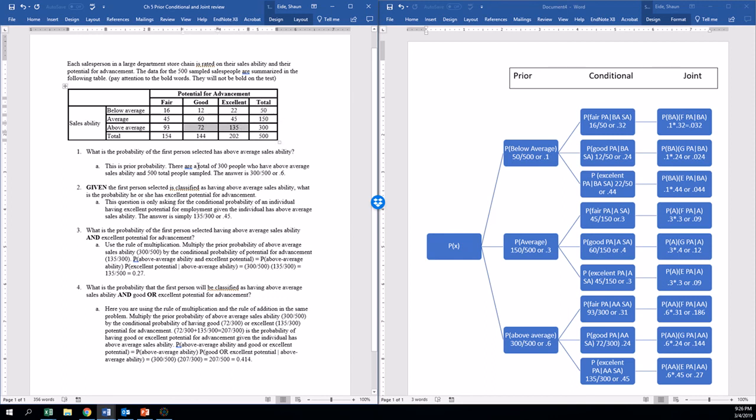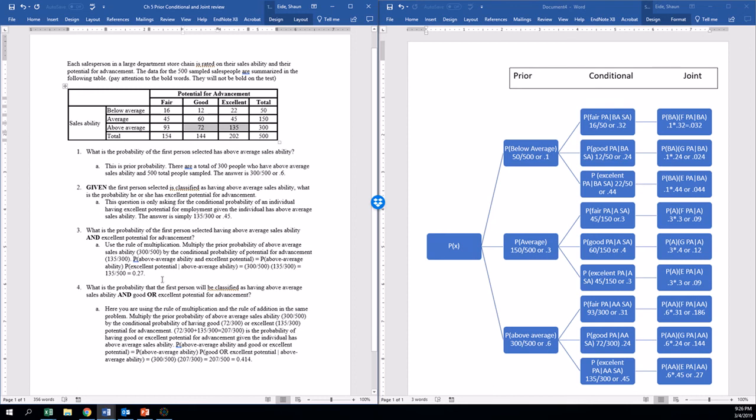You could also just add these two together. So 72 plus 135, which is going to be 202. You could say, what's the probability of an individual being in one of these two spots right here? And you could do 202 divided by 500, because that would answer the question.